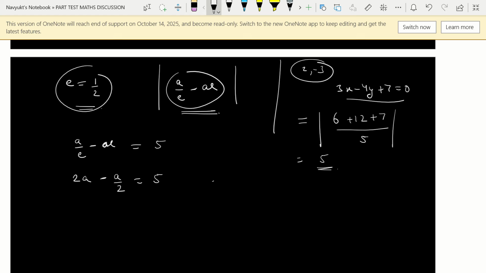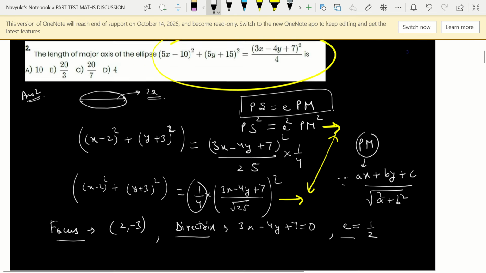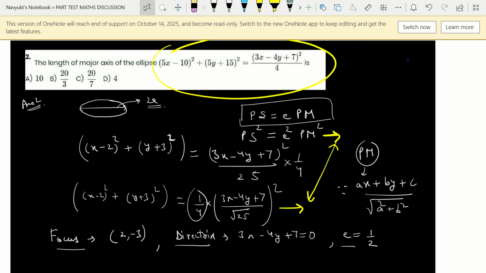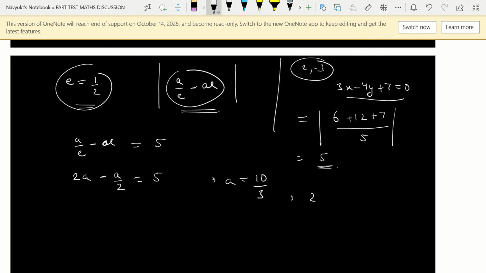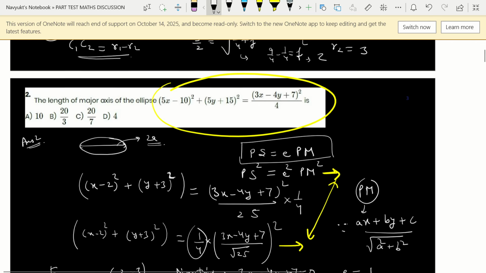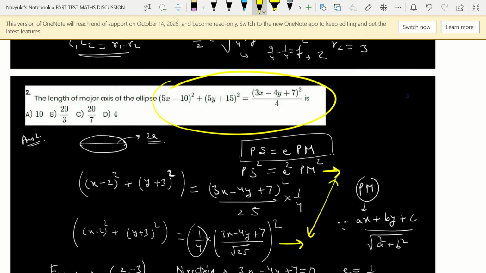What a value will we get from here? We'll get 3a by 2 equals 5, so a is 10 by 3, correct? But we need to find 2a, the length of the major axis. So the final answer will be 20 by 3, correct? Which is our option number B.